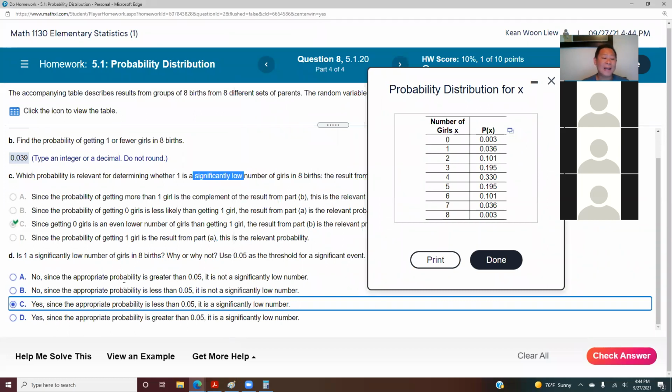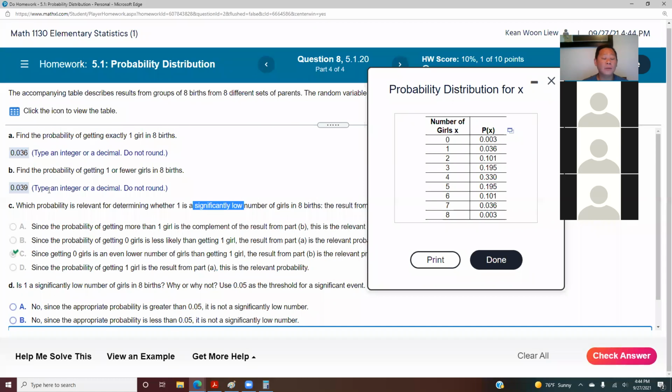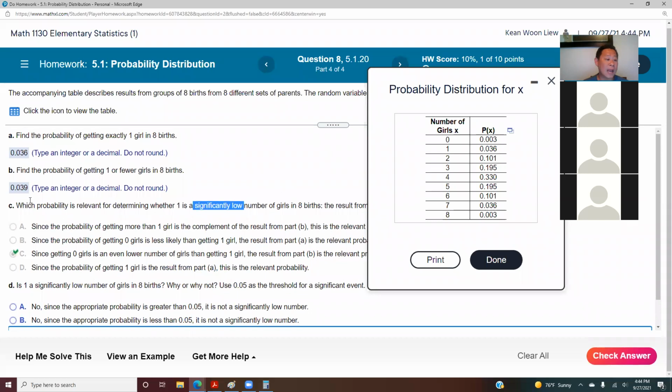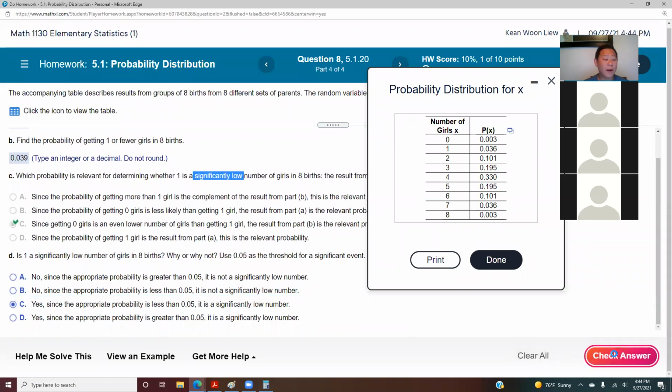So usually in the test, I will ask you which part do you pick, part A or part B? Usually very straightforward. And then the next one is asking, is this one significantly low? And the answer in this case is yes, because this number is less than 5%, 0.05.